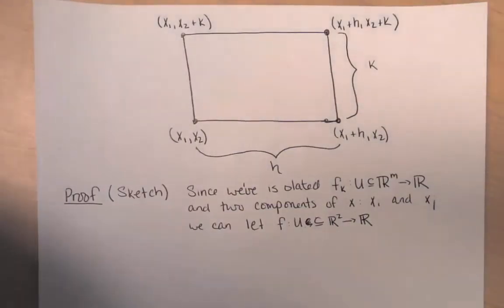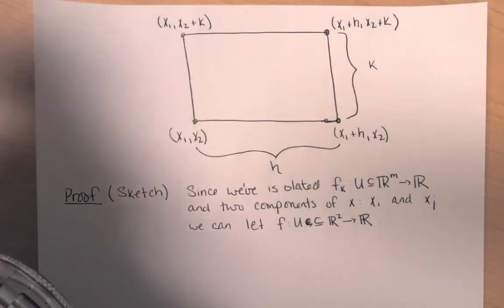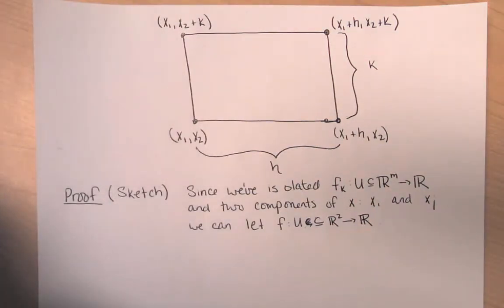Now, we don't have the time right now to give a thorough proof of the symmetry of mixed partial derivatives. I would like to give a sketch or an idea of how the proof works. So the idea is that it doesn't matter whether I take a derivative in one direction first and then the second direction after, or if I switch the directions that I take my partial derivative.